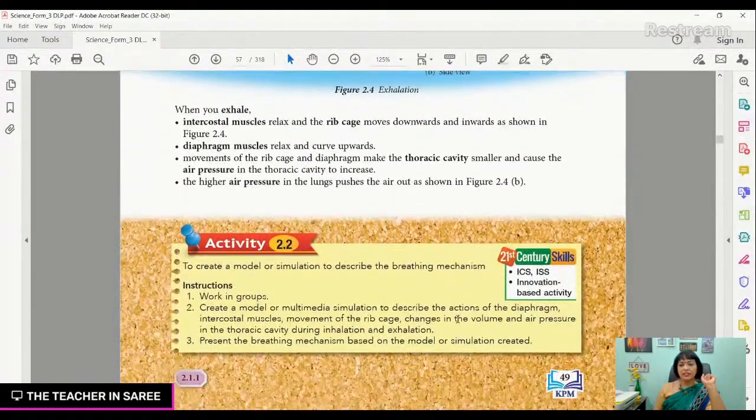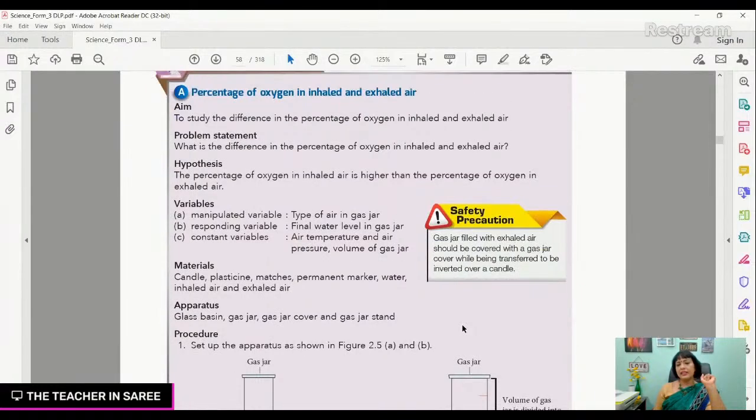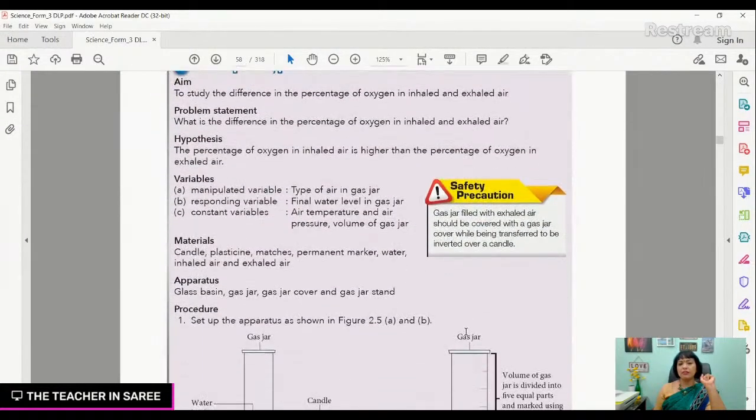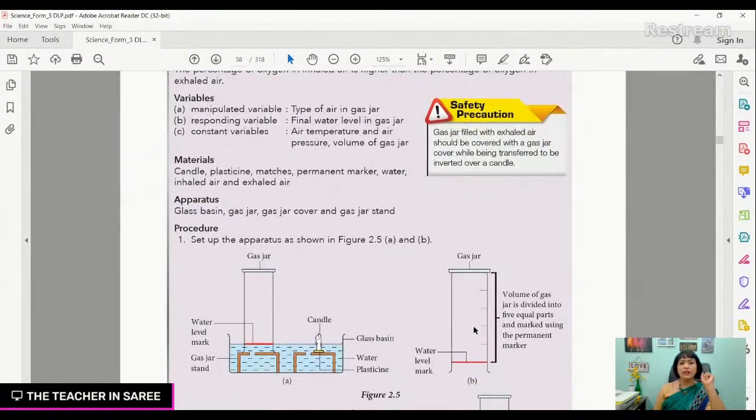All right. Okay, let's move on. These experiments are actually very interesting experiments that we do in the class, in the lab. This one, I don't think you can do at home, because you need this type of apparatus.